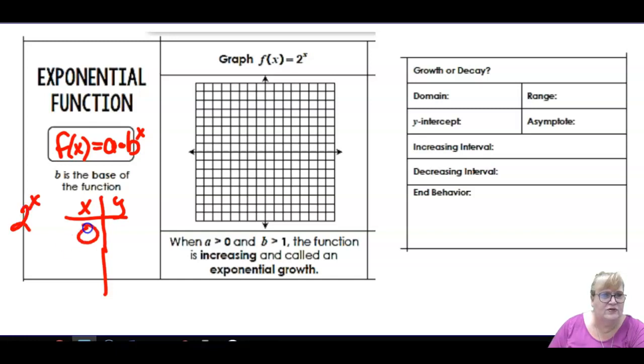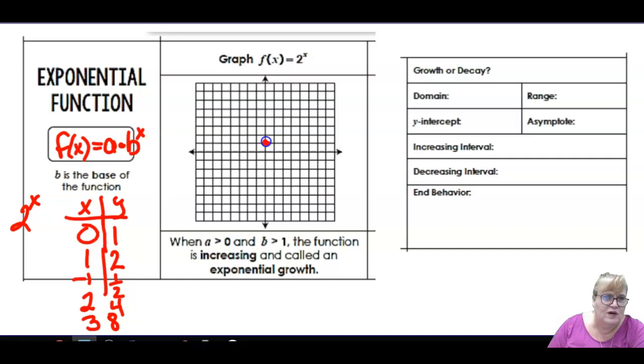If we put in a 0, 2 to the 0 power is 1, 2 to the first power is 2, 2 to the negative 1 would be 1/2, 2 to the second power would be 4, 2 to the third power would be 8, okay? Just putting in a bunch of values here.